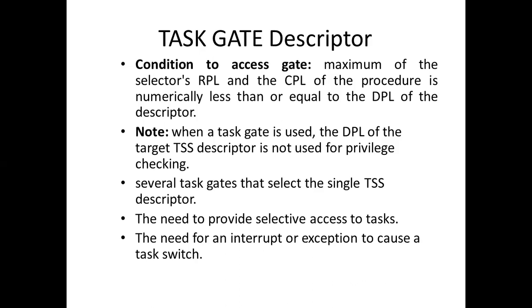When a task gate is used, the DPL of the target TSS descriptor is not used for privilege checking. Several task gates select the single TSS descriptor. The maximum of the selector's RPL and the CPL of the procedure is numerically less than or equal to the DPL of the descriptor. The need for the interrupt and exception to cause the task switch.